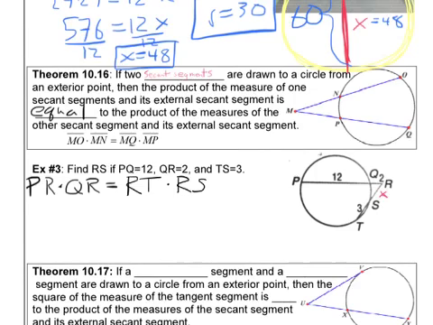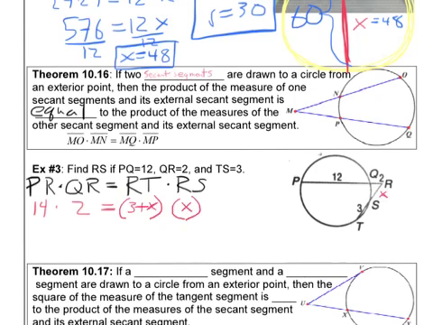PR, we have a 12 and a 2, so PR must be 14. And we have QR, which they tell us is 2, equals RT. Now, we don't really know what RT is because it's the whole distance, but we can write it as 3 plus x. So let's do that. And RS, which is just x.